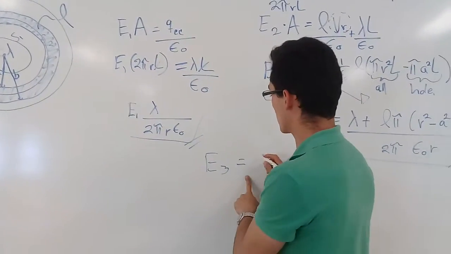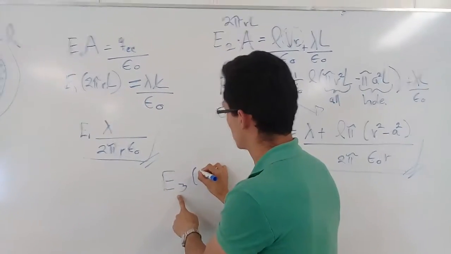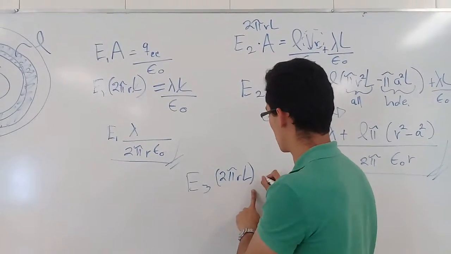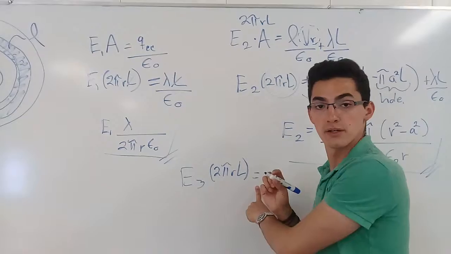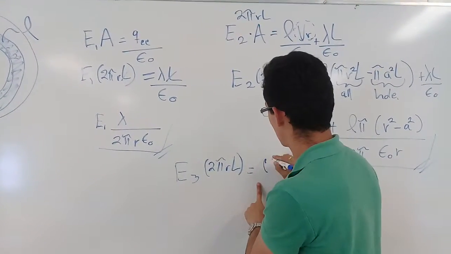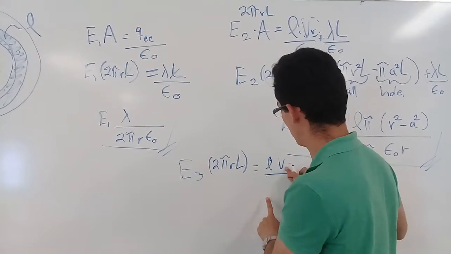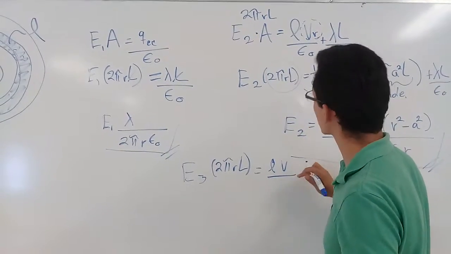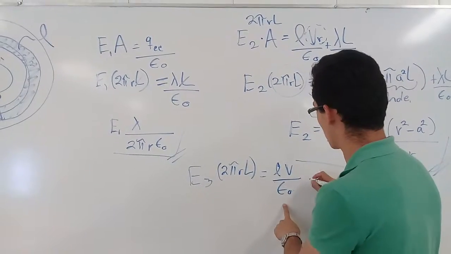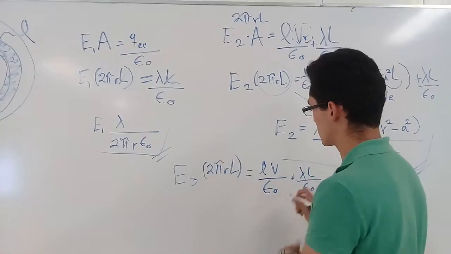So I'm going to write that the electric field times 2 times pi times r times L is equal to the sum of our density, the volume, of all the cylinder divided by the constant plus lambda L divided by the constant.